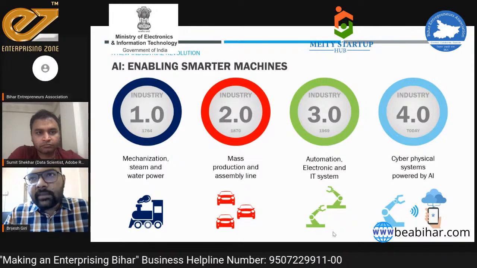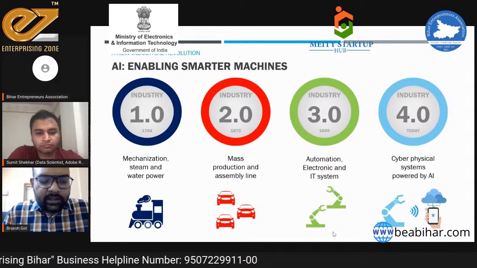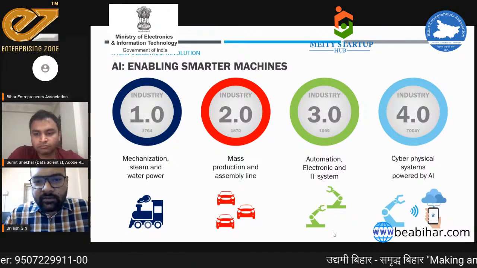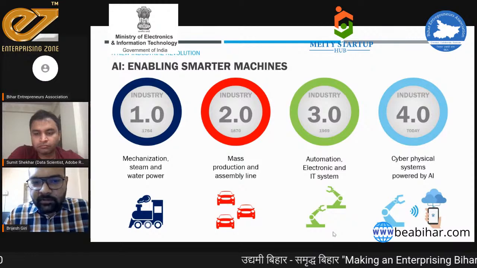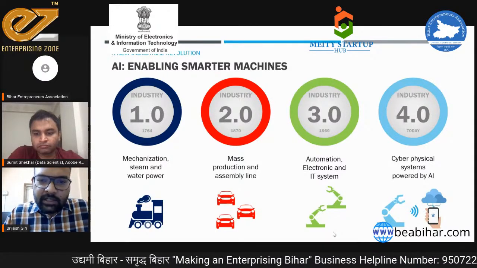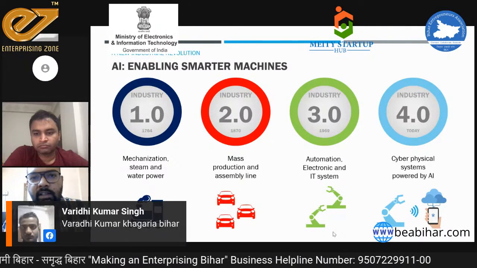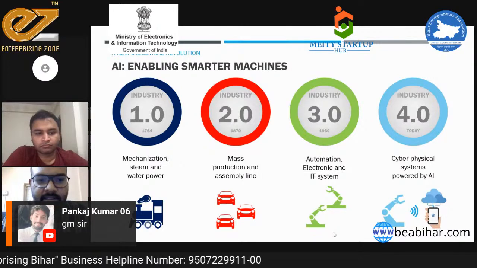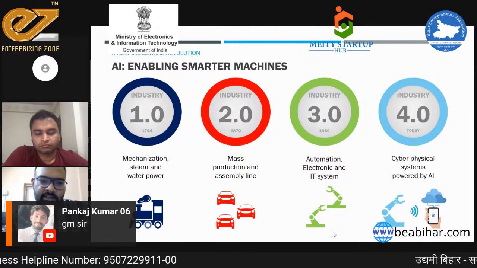So for the first time, we are witnessing that automation is not only possible for physical labor, but also for mental labor, right? We are now starting to see that AI is automating entry-level white collar jobs in banks and in credit card institutions.